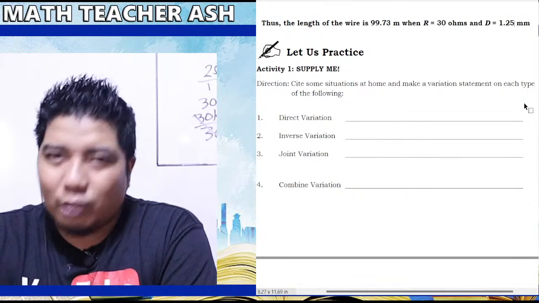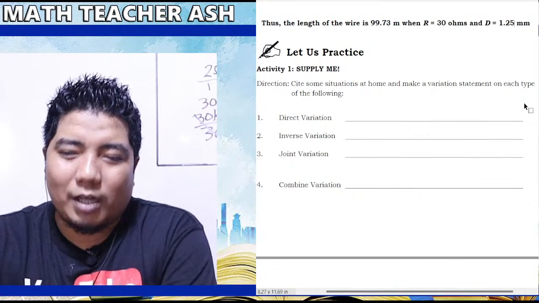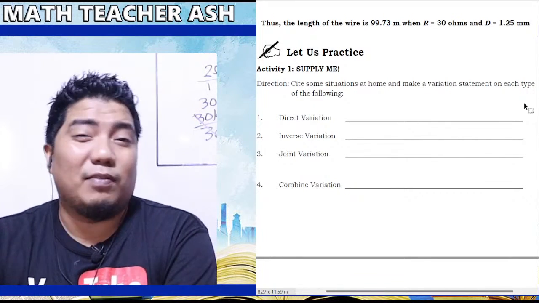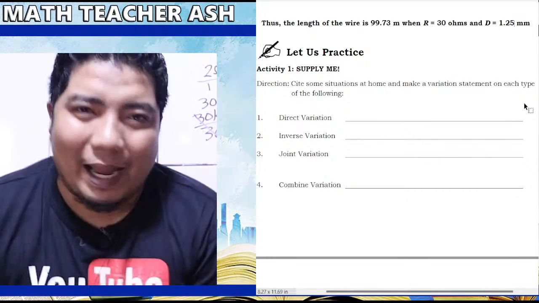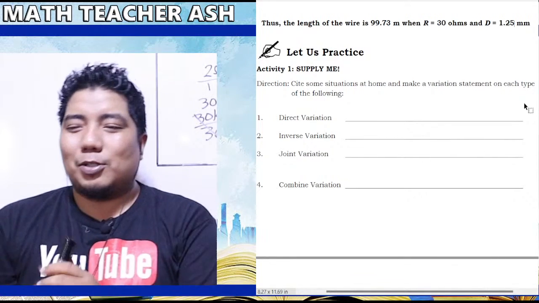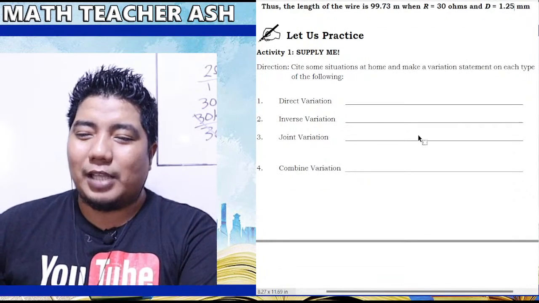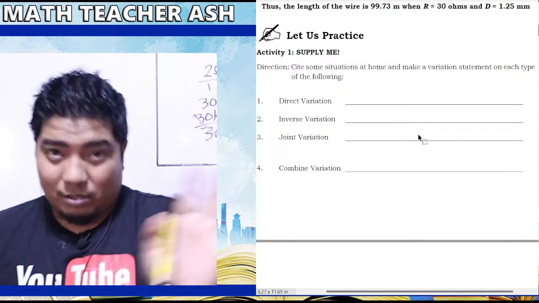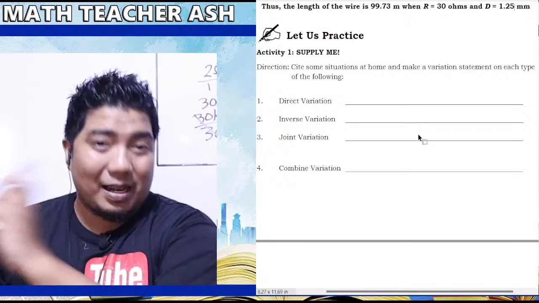Maraming klaseng relationship na malalaman ninyo or makukuha ninyo sa bahay. Okay? So, I'm sure there is a direct, there is an inverse, there is a joint and combined variation on that part. Okay, so I'm sure madali lang ito, my dear math learners. And, again, statement ang sagot dito. Sasabihin nyo talaga. Okay, parang sentence.